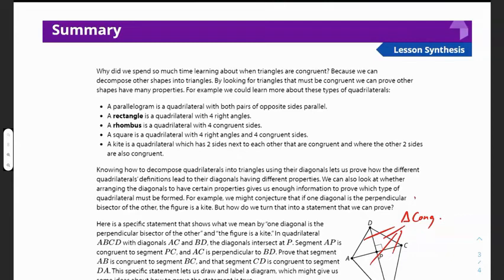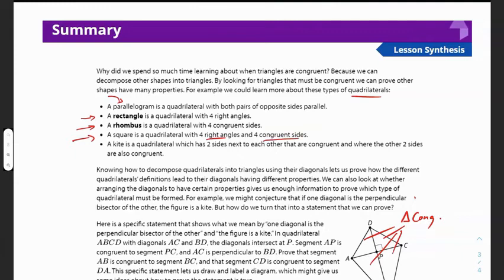So let's see. We've learned some more about the quadrilaterals today, right? We talked about a parallelogram is a quadrilateral with both pairs of opposite sides being parallel. We learned about a rectangle, right? 4 right angles. A rhombus, 4 congruent sides. A square is a quadrilateral with 4 right angles and 4 congruent sides.